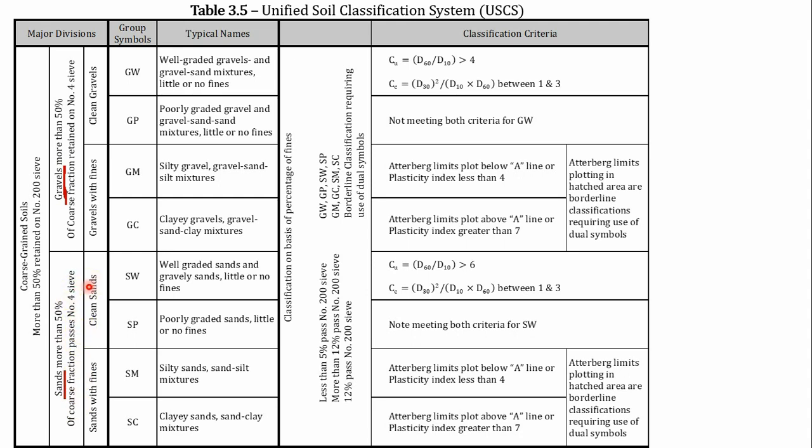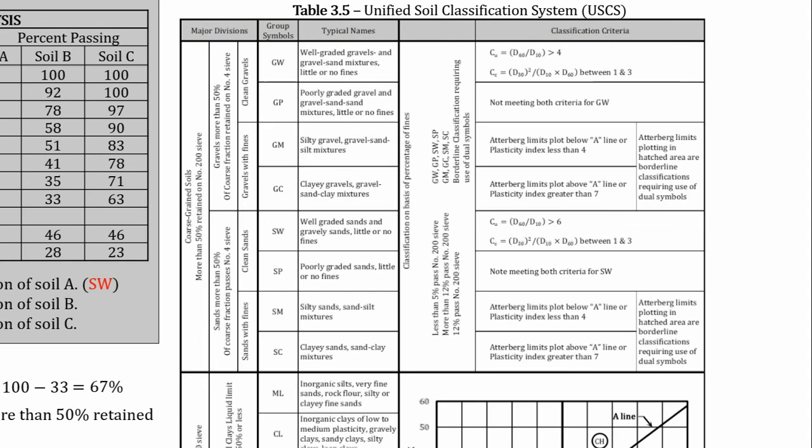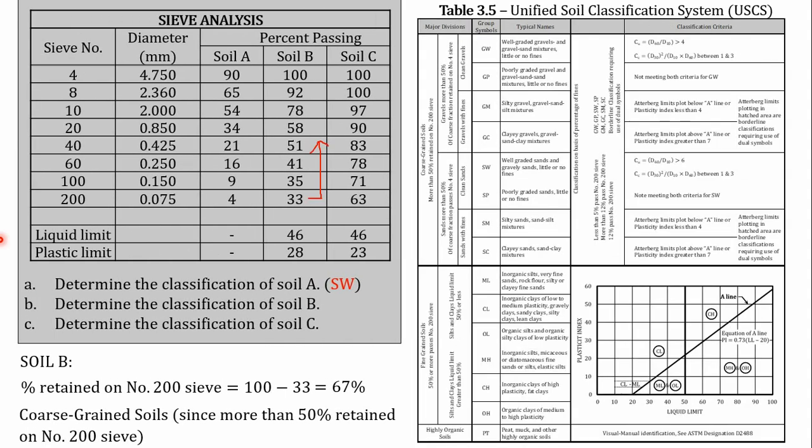By the way, let's look at sieve number 4, class. It is this one. And for soil B, class, its percent passing is 100. So therefore, soil B has greater than 50% passing sieve number 4.